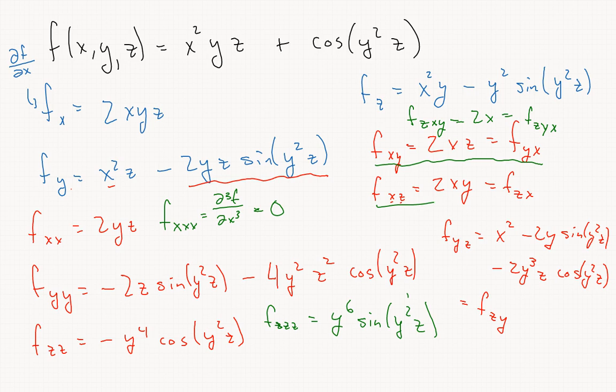And that's the same as if we took fyxz, or fyzx, we're always getting 2x in that case. So whenever we do these mixed partial derivatives where we're taking with respect to different variables, we keep getting the same answer no matter which order we do the differentiation in.